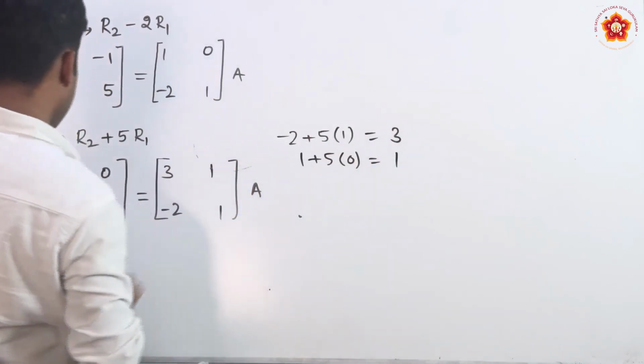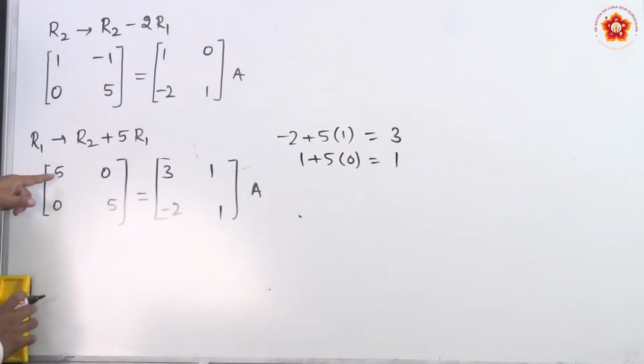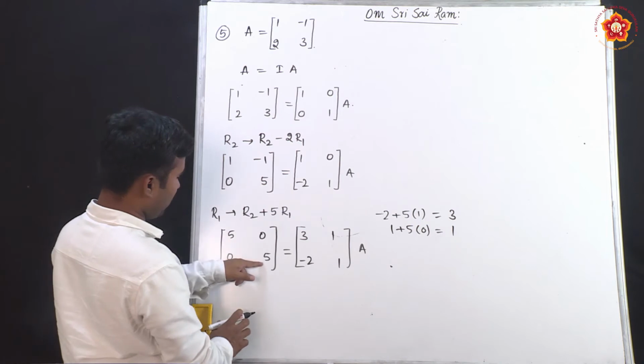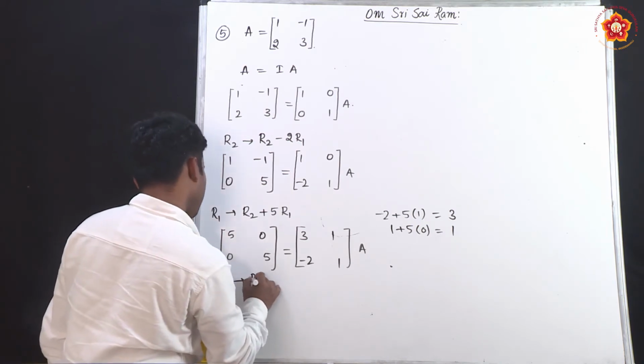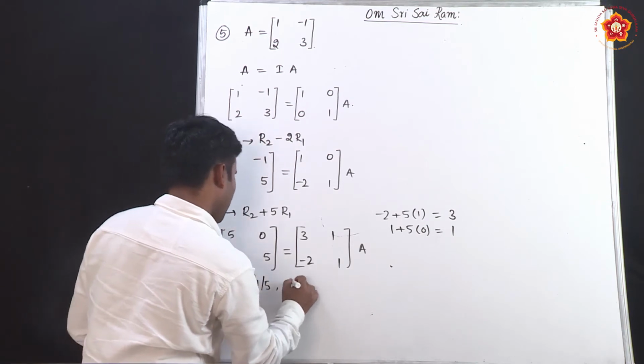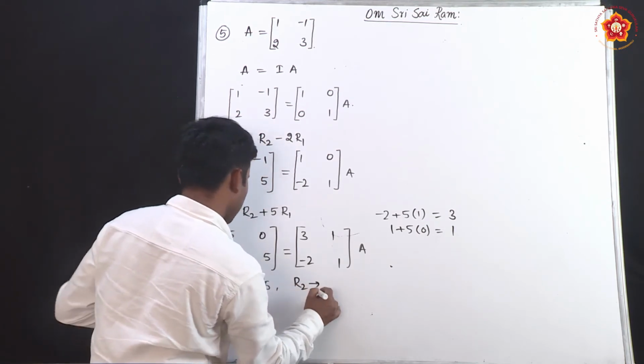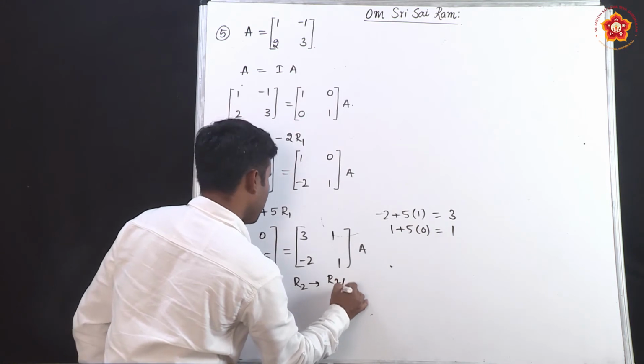1. So, now here in R1 also we have 5, in R2 also we have 5, we have to make it 1 by dividing it by 5, R1 divided by 5 and R2, I am applying simultaneously, R2 divided by 5.